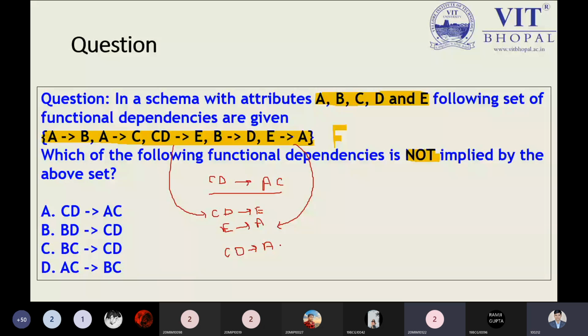Okay, now this is your computed FD. After applying the transitive rule on these two FDs, one computed and the other given, we can get CD determinant to C. Now clear?